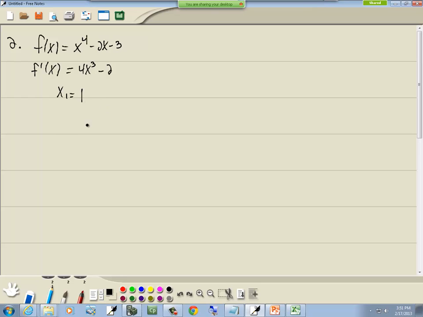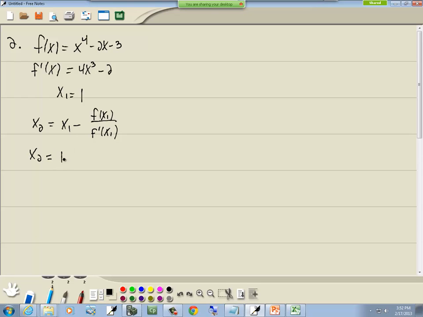It's probably as good as we're going to get for our initial guess. Okay. Now, if I was doing this by hand, what we'd need to do is x2 would equal x1 minus f of x1 over f prime of x1.